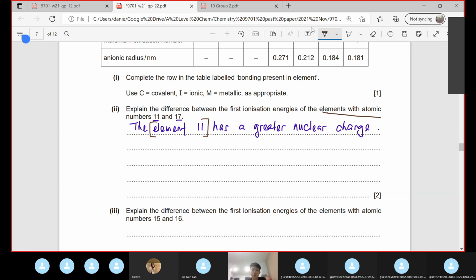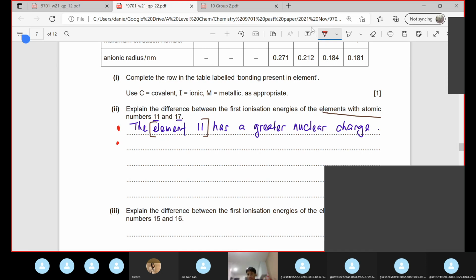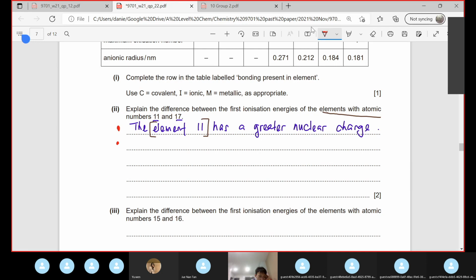You can write down the element with atomic number 17 has a greater nuclear charge. I think that would be more accurate. So this is the first factor.